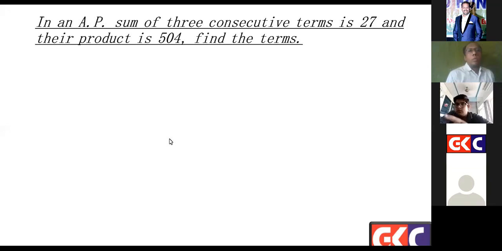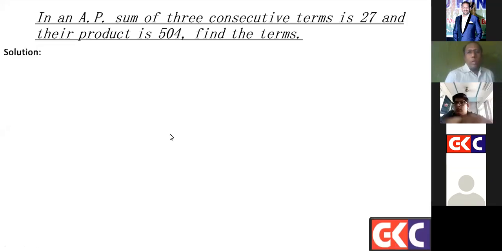Yes. So as I was discussing, three consecutive terms whose sum is 27 and their product is 504. So let us move on with it.